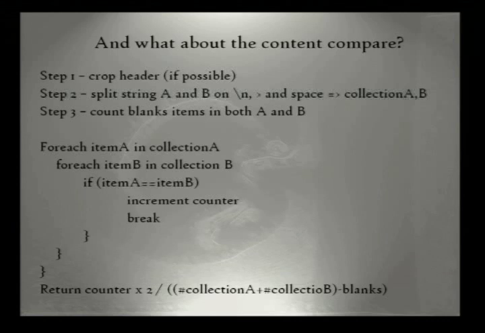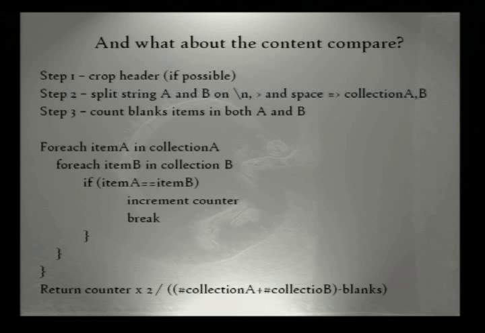That results in collection A and collection B. Then we count all the blank items in both collections, and we do a little loop: for every item in collection A, loop through all of the items in collection B, and if they are equal, increment the counter, and if you found a match, break out of the loop and look for the next item to match. Then we return 2 times the counter divided by the number of elements in collection A plus the number of elements in collection B, minus the blanks.